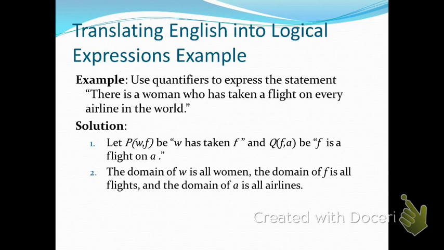So P of W, F is W has taken F, Q of F, A is F is a flight on A, and the domain of W is all women, the domain of F is all flights, and the domain of A is all airlines. Okay. Notice here we use them to make it W woman, F flights, and A airlines to make it simple for us to know what we're expressing. Try to do this on your own and then look back at your notes to see if you indeed get this solution here.